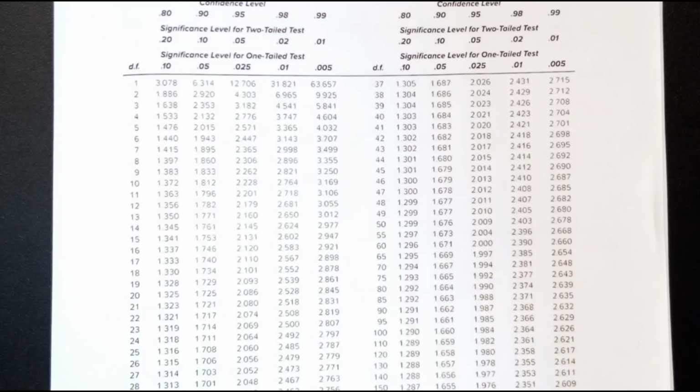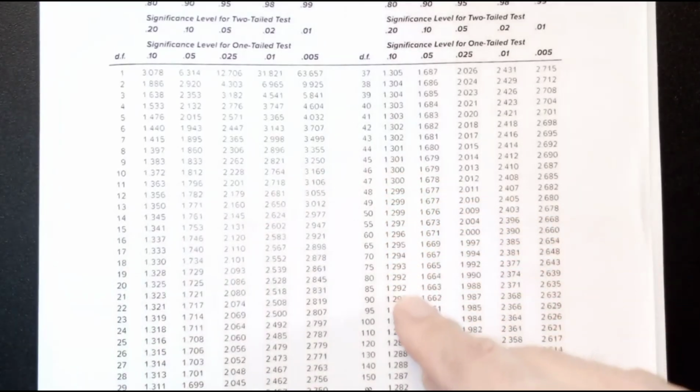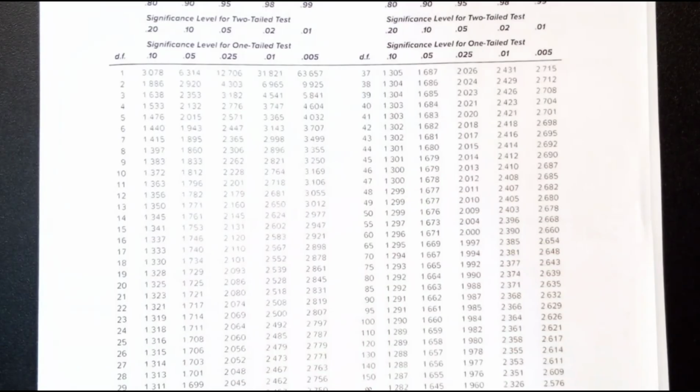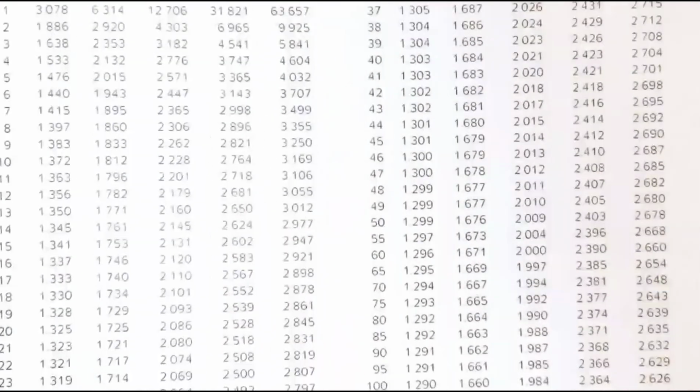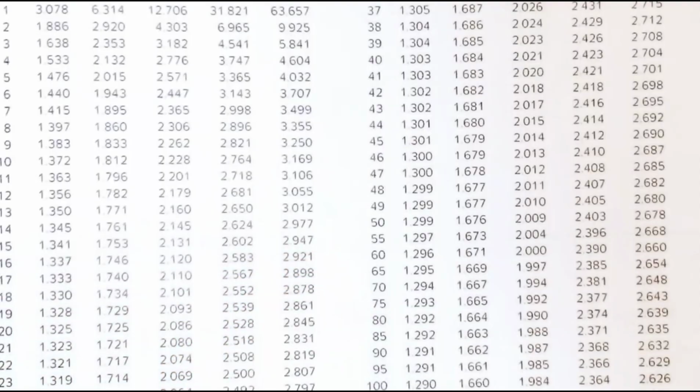On the other hand, I would point out to you that once we get to relatively larger sample sizes, this table isn't going in individual numbers anymore. We're jumping by fives over here. If I have a group of 63, I'm better off to round down to 60 if I need to use this table.